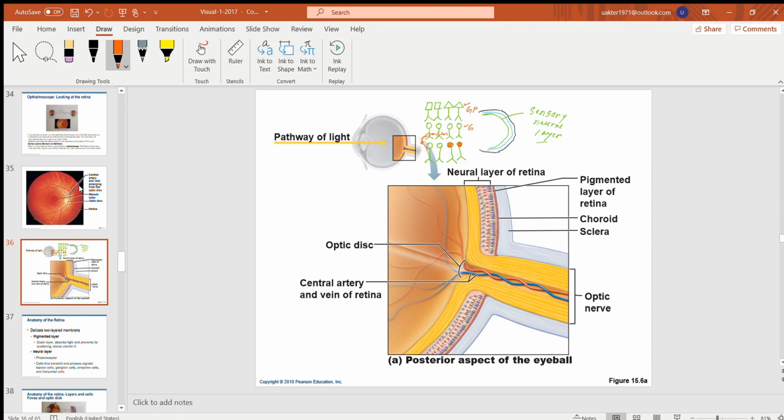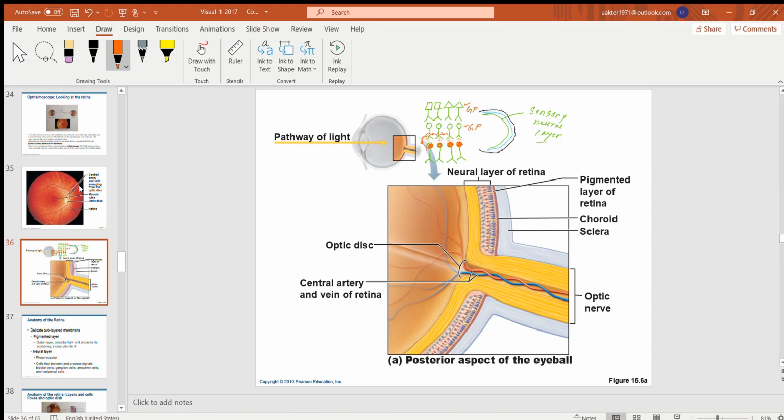So slow depolarization that does not reach the threshold, or that does not trigger the action potential, right? However, the action potential is generated in the ganglion cells, and when the glutamate is released here, that excites the ganglion cells, and ganglion cells generate the action potential.